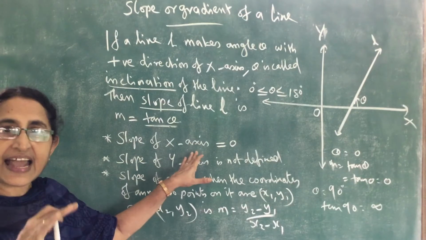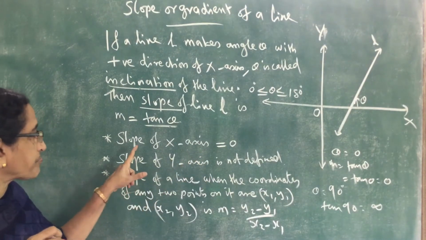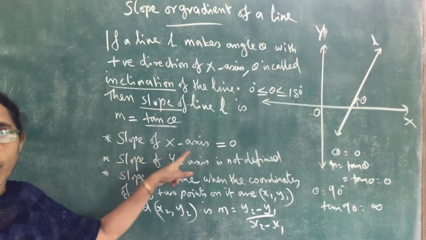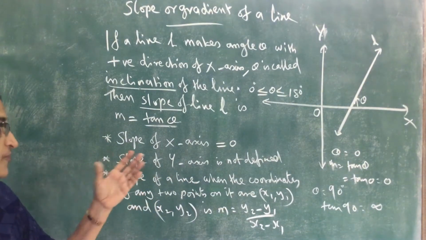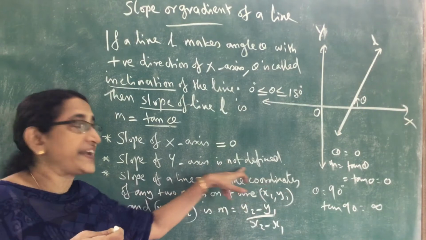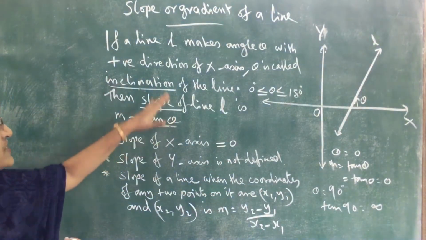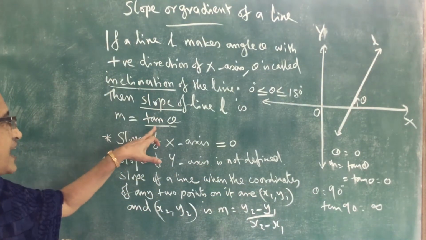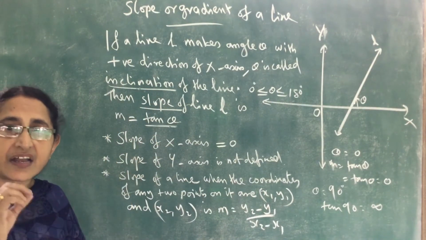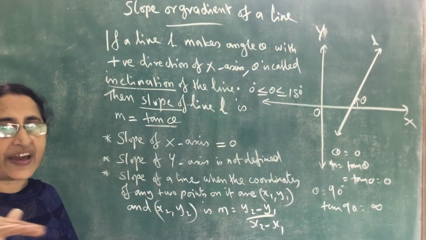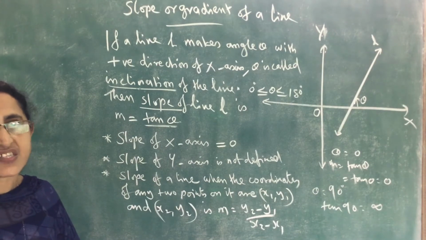So the slope of the x-axis or of any line parallel to the x-axis is 0. But the slope of the y-axis or of any line parallel to the y-axis is not defined. So study the definition of inclination and slope. Inclination of a line means the angle which that line makes with the positive direction of the x-axis.